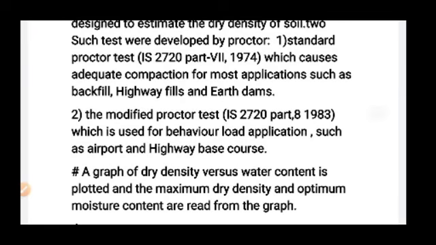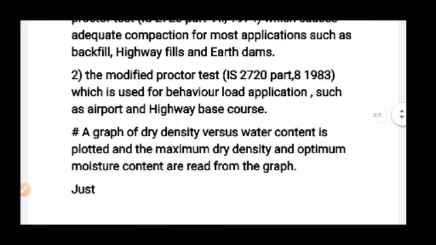The modified Proctor test is used for heavy load applications such as airport and highway base course. A graph of dry density versus water content is plotted, and the maximum dry density and optimum moisture content are read from the graph.